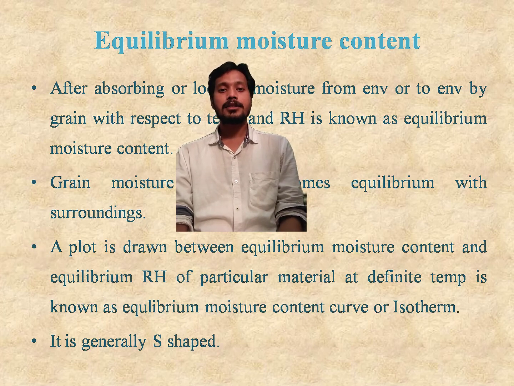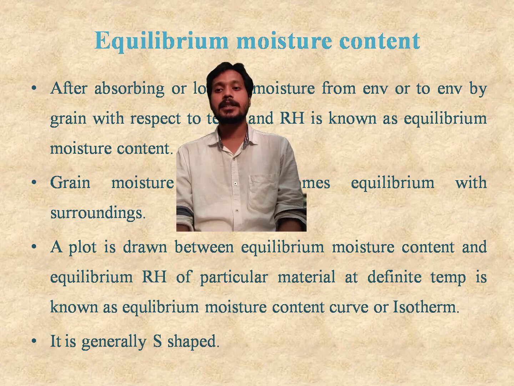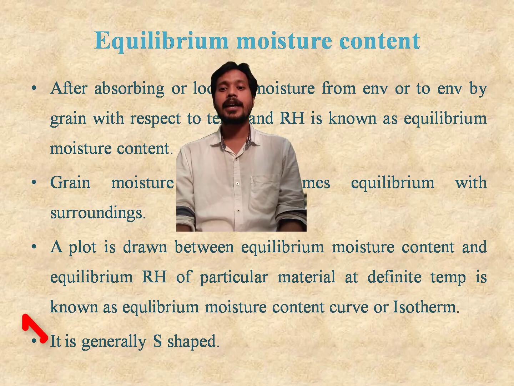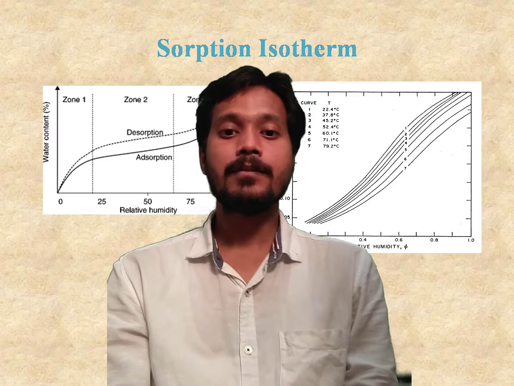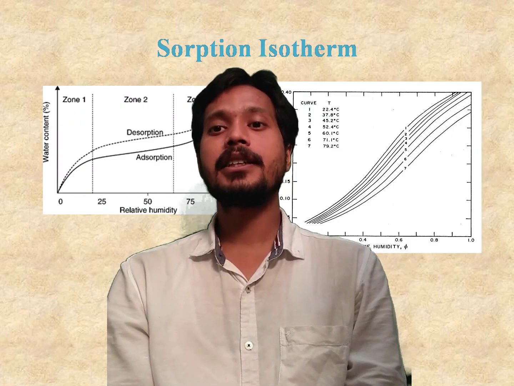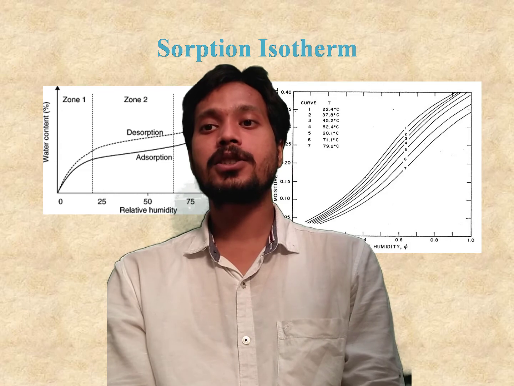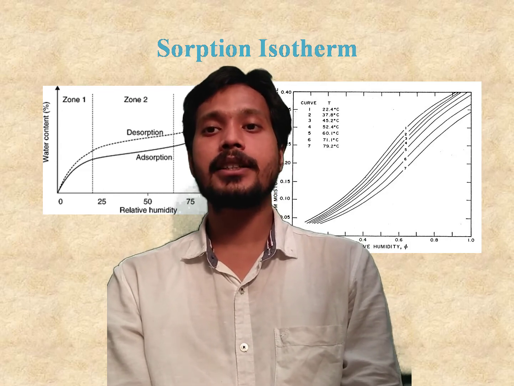I'll give you one picture of this curve so you can realize it; it generally looks like an S, it's generally sigmoid. Here you can see this is your isotherm, or equilibrium moisture content curve.